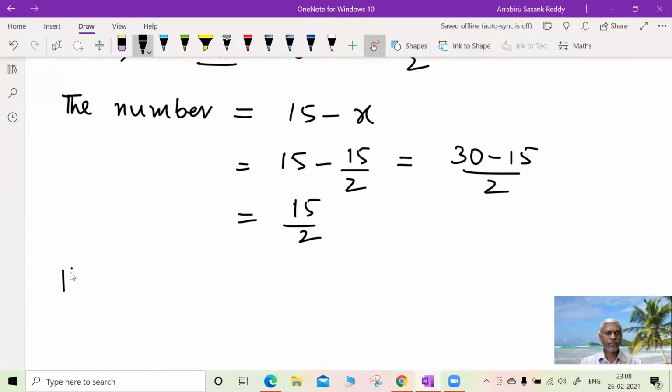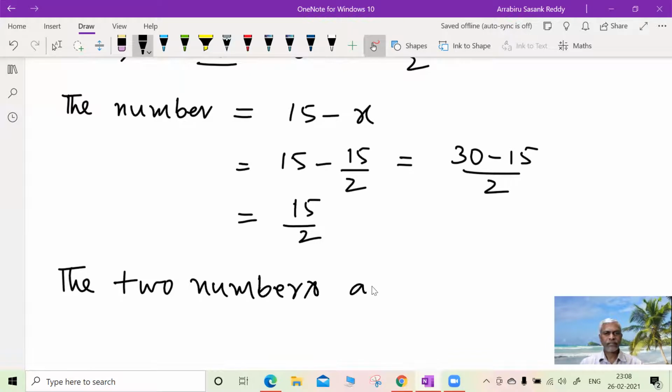So therefore, the two numbers are first number 15 by 2 and second number also 15 by 2.